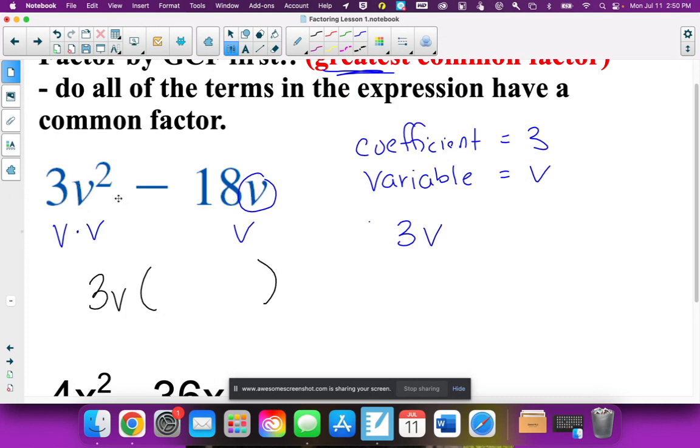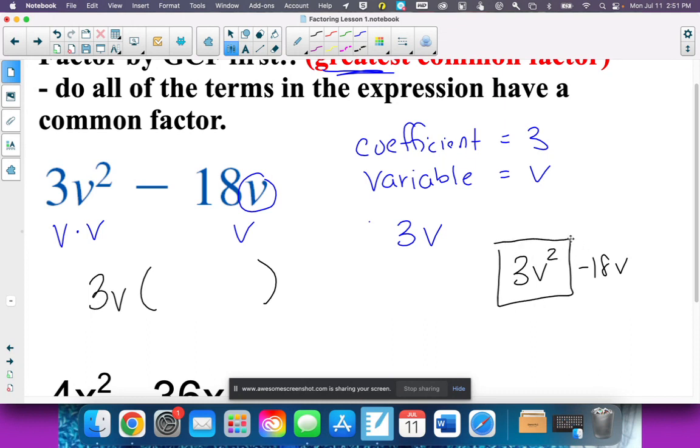What would I have to multiply 3v by to get each of these two pieces? If you think about it like an area model, there's my two pieces of area, and basically you found your greatest common variable, or greatest common factor rather.